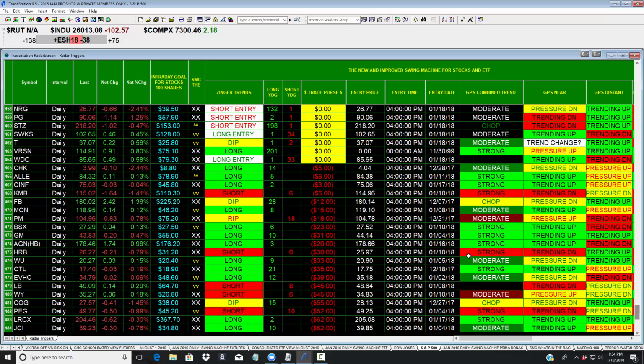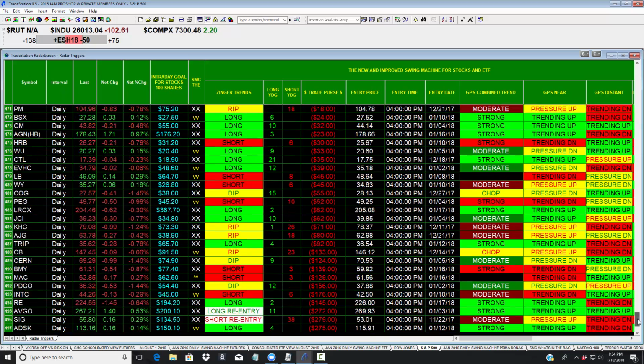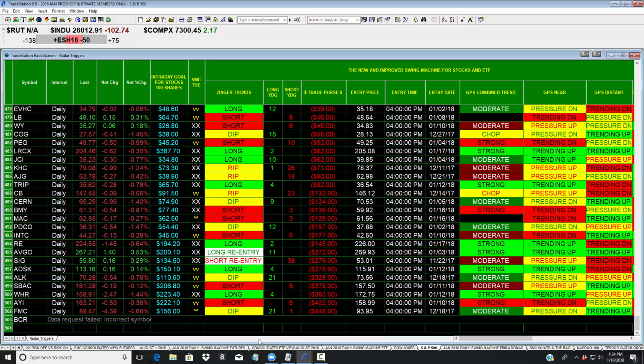And then out of 500, 464 are either profitable or flat. And the remainder, yes, we do have some drawdowns, and our worst drawdown out of 502 is $450.